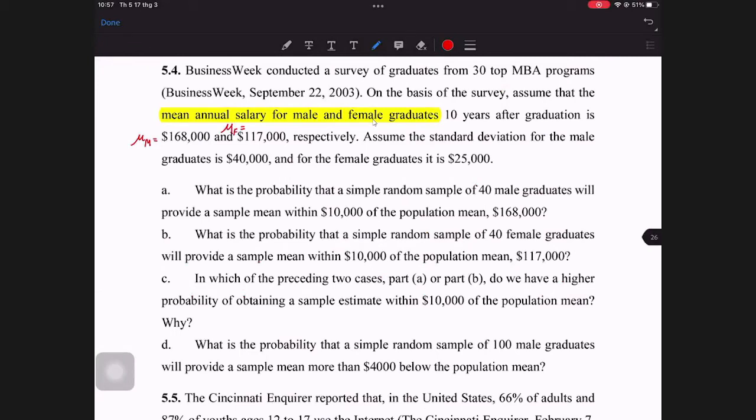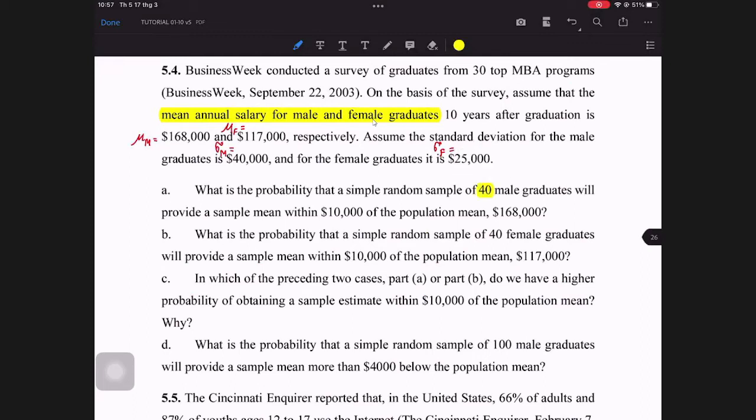Then we have the standard deviation for male is 40,000, and for female is 25,000.